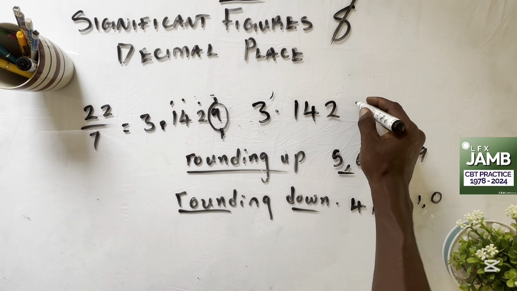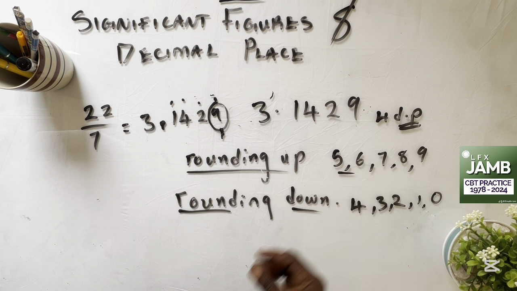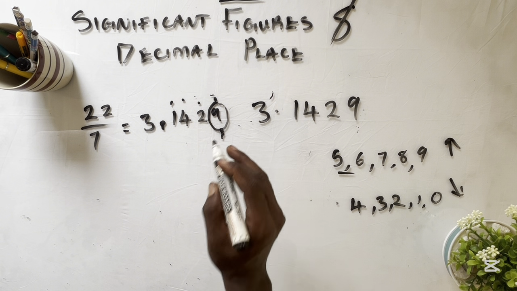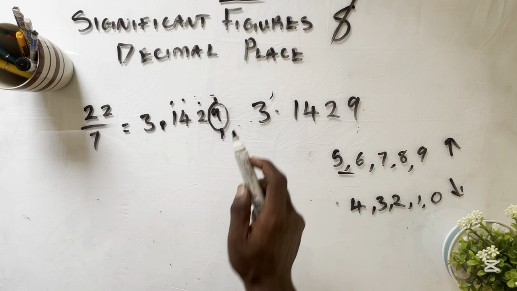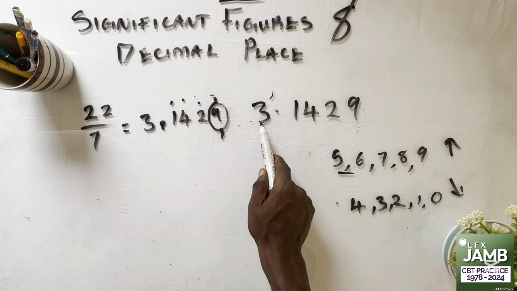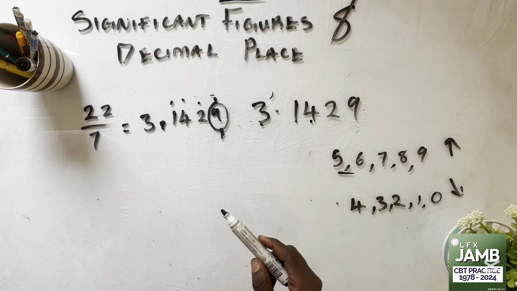Do you get that? Now, the same thing applies for significant figures. Let's say we are asked to put this to 3 significant figures. Remember, look up here. Our significant figures start from here. I told you, from a non-zero digit. That's the only condition, from a non-zero digit from the left. So we'll be having this as our 1 significant figure, 2, and this was 3.